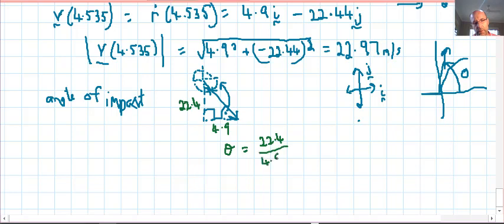Oh, I forgot to write inverse tan. So we get 77.6 degrees, and we equate that with reference to i, the same as the initial reference for the launch angle, which is going anti-clockwise from i.